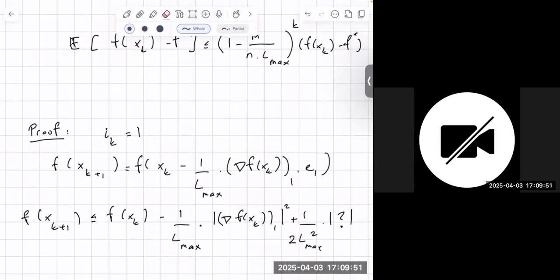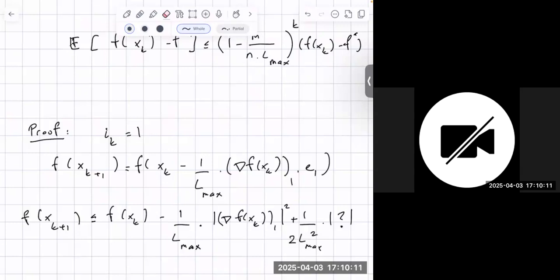I do our standard tricks. We have this descent lemma when the function is smooth and L smooth, whatnot. At every coordinate, this guy is L smooth. That's what we are assuming. At every coordinate, the gradient satisfies that Lipschitz condition. Since it's correct in every single coordinate, I can apply it for this particular coordinate.